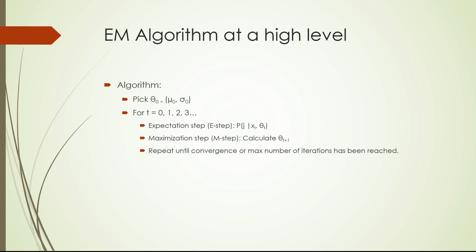The maximization step gives us the value for theta for the next iteration. The new theta is equal to a value that maximizes the expected likelihood found in the expectation step. The E step and M step are then repeated until the stopping criteria is met.